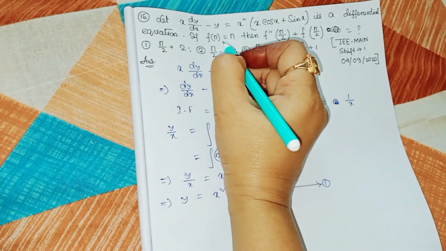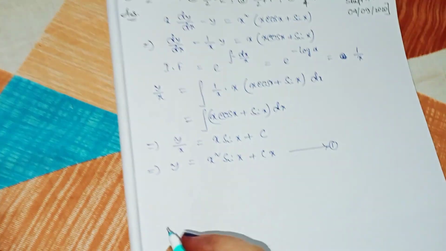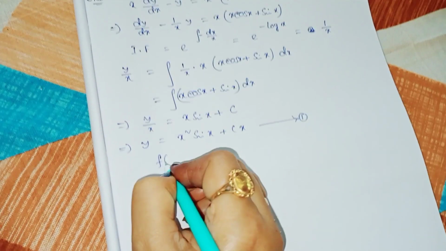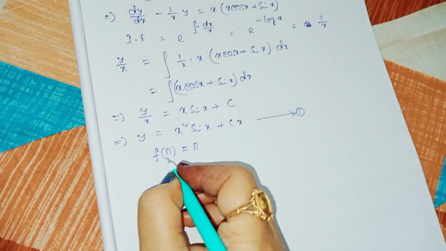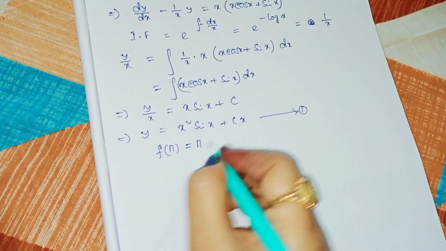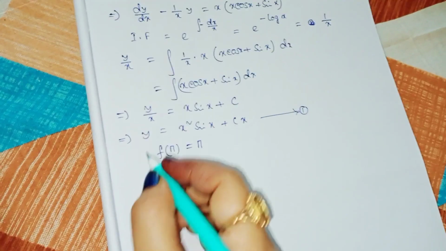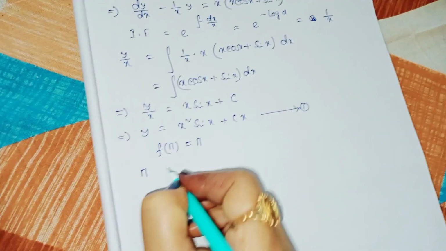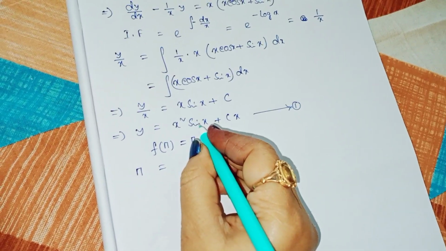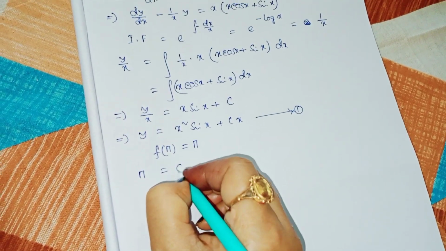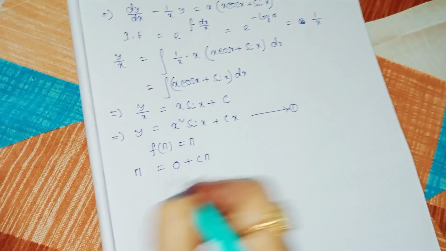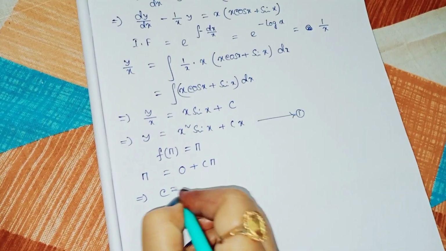The question gives f(pi) is equal to pi. So putting f(pi) is equal to pi here, it shows that if x is equal to pi, then y becomes pi. So pi is equal to, sin pi is 0 here, so 0 into pi is 0, plus c pi. That implies c is equal to 1.